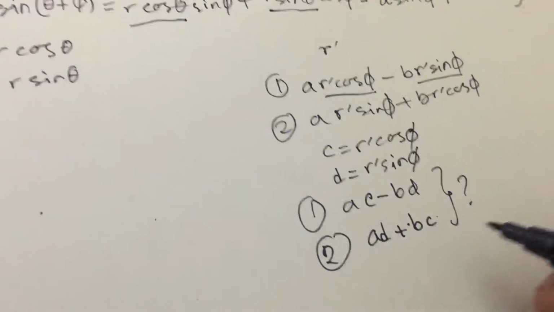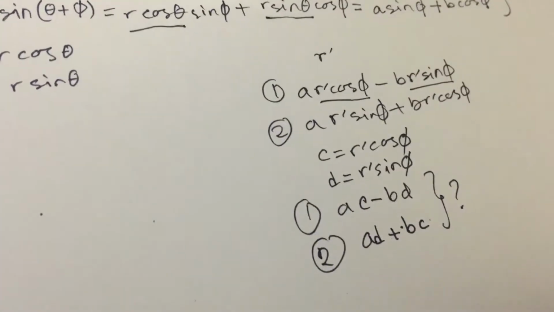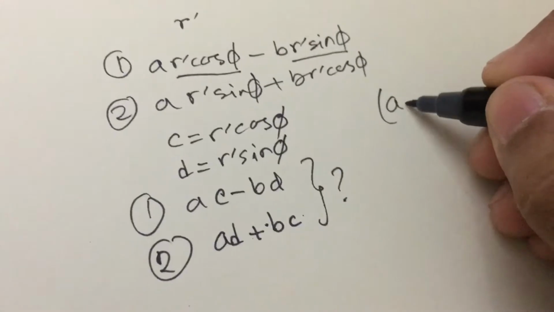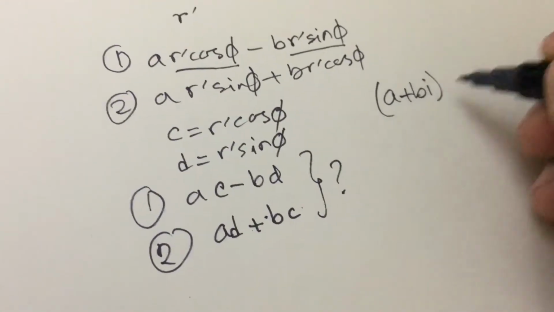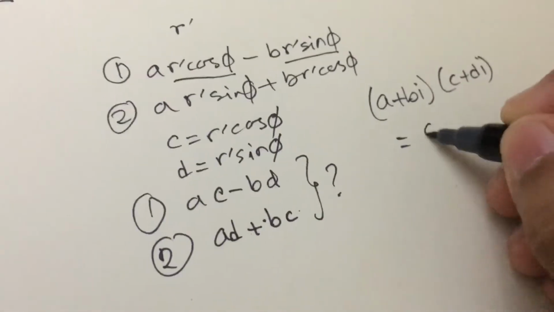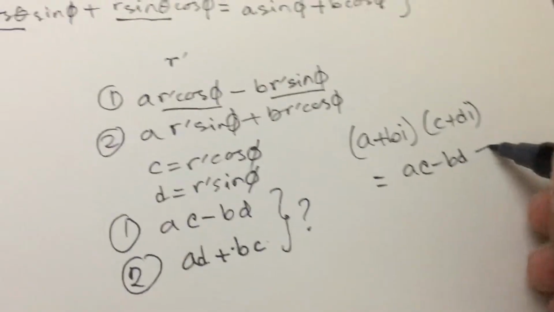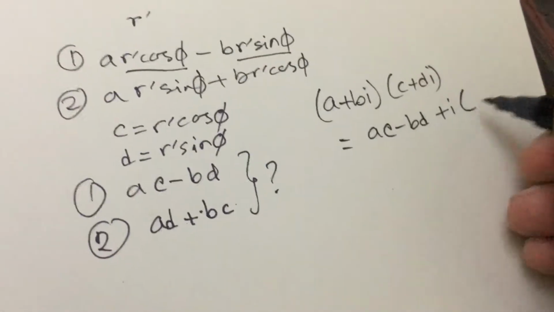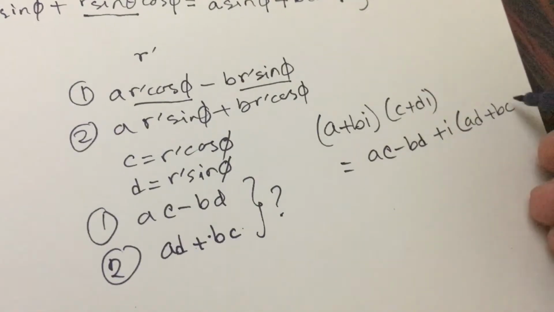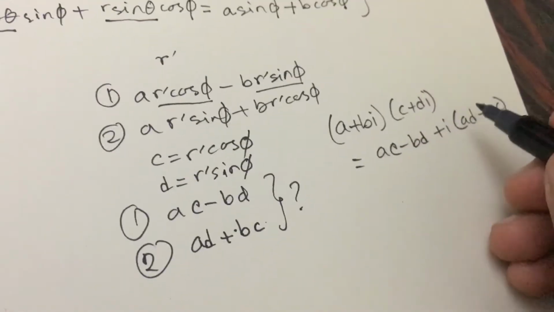It should remind you of complex multiplication. This is what we got when we multiplied A plus BI and C plus DI. We got AC minus BD plus I(AD plus BC).